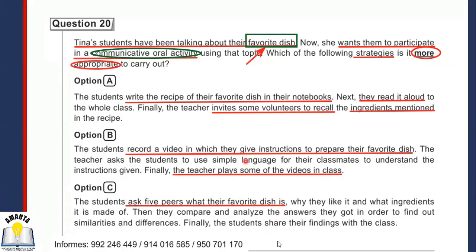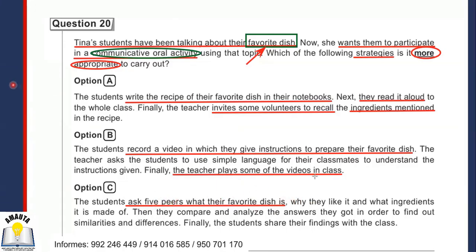This is meaningful too because students have the opportunity to talk about their own preferences, their own experiences regarding food, as well as here. But you should pay attention, remember, to the level of interaction, whether there's real communication or not. So they ask 5 peers.